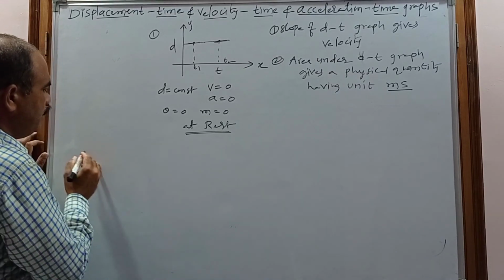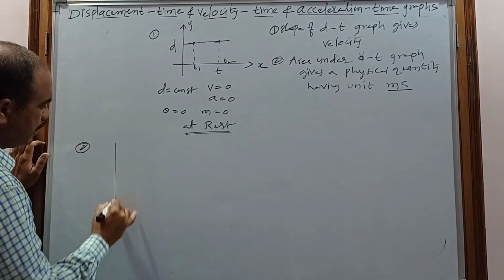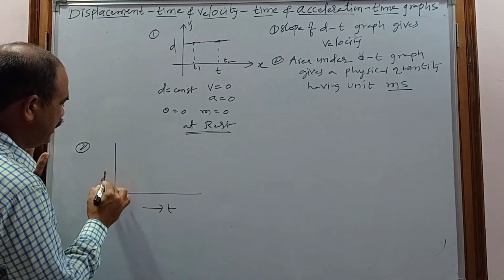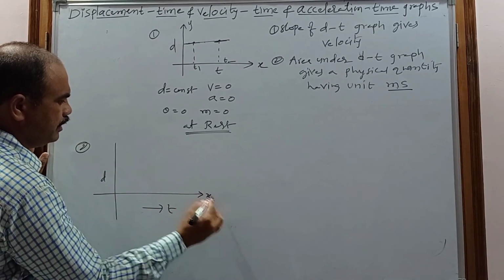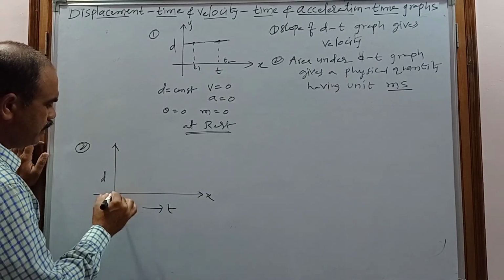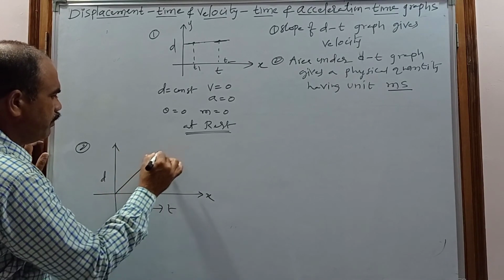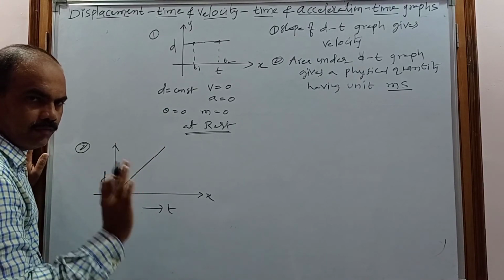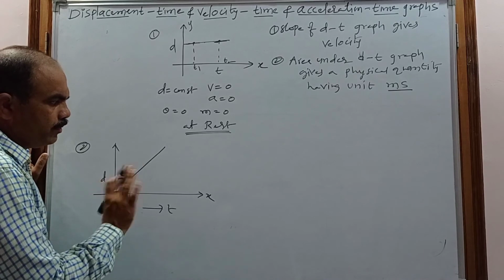Next, coming to the second graph. For example, if the displacement versus time graph is like this, taking time on the x-axis and displacement on the y-axis, the graph is a straight line. Remember, if you get a straight line, the slope does not change.